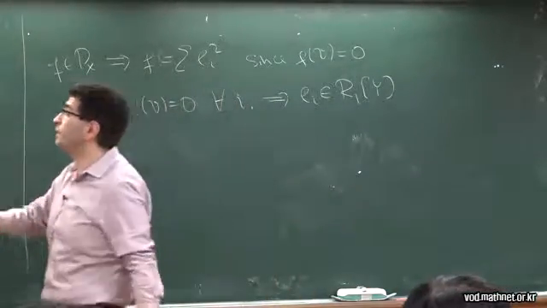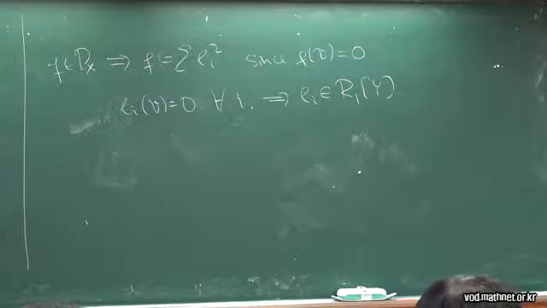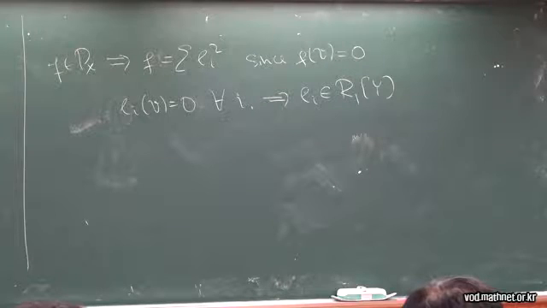So I claim that if we have equality, if non-negative polynomials are equal to sums of squares, and you project away from a point, you still have equality. And why do I know this? Well, because if you have something that's non-negative on y, it makes sense to think of it as a function on x. It's a function on x, it just does not depend on this coordinate, right?